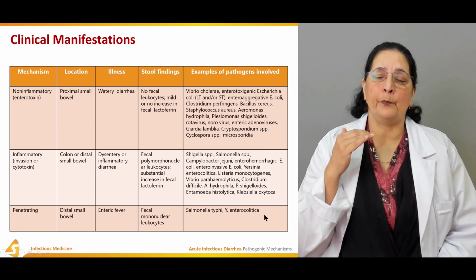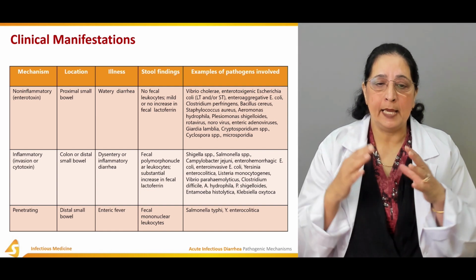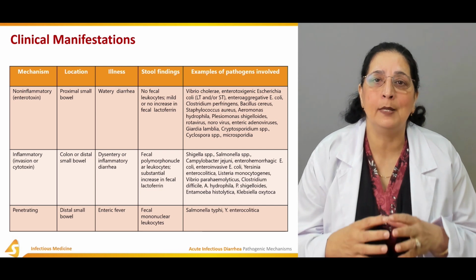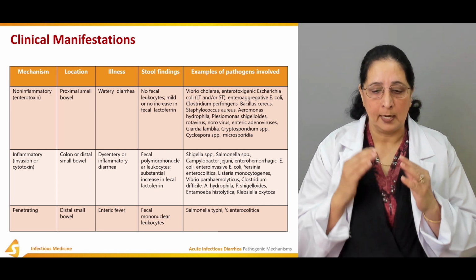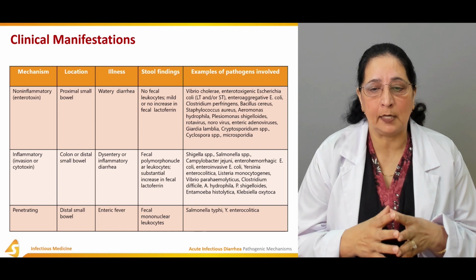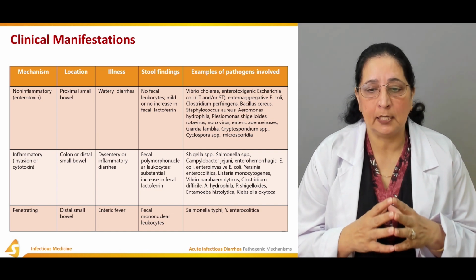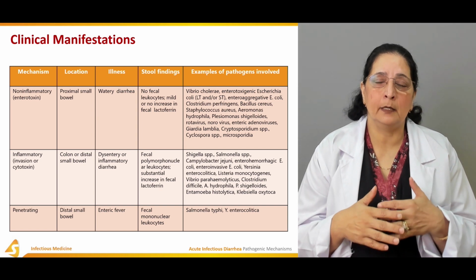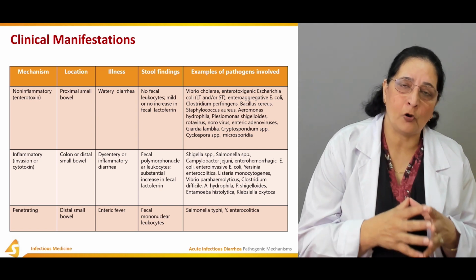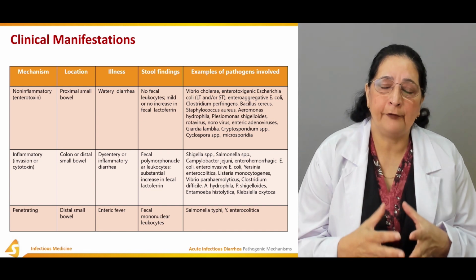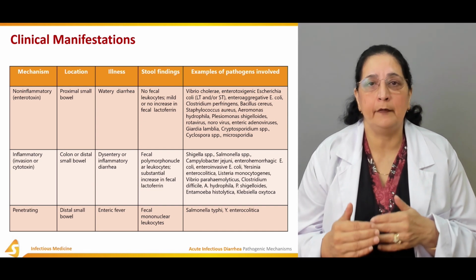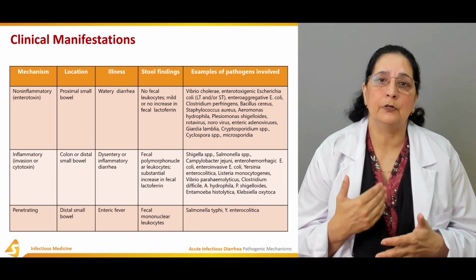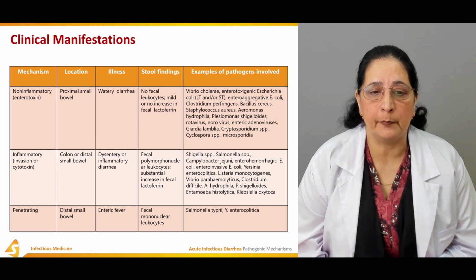We know now penetrating illness is limited to two microorganisms that commonly cause enteric fever, and that is Salmonella and Yersinia enterocolitica. So these are the differences between the types of diarrhea associated with inflammatory, non-inflammatory, and penetrating illness.